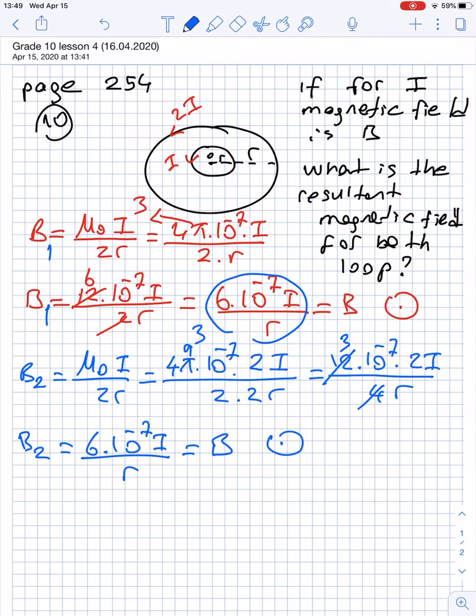If they are moving in the same direction and I ask to find the resultant net magnetic field, we have to add B1 plus B2. B1 is how much? It is B, and the second is also B. My result is 2B with the terms.